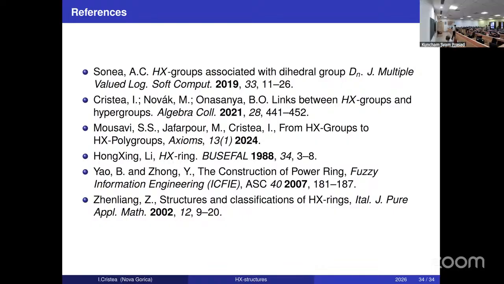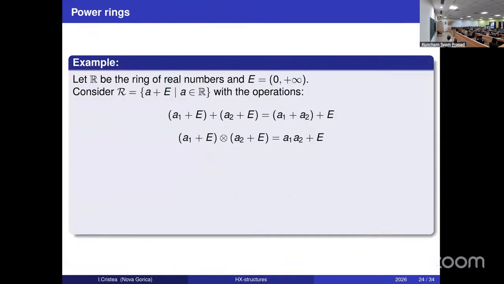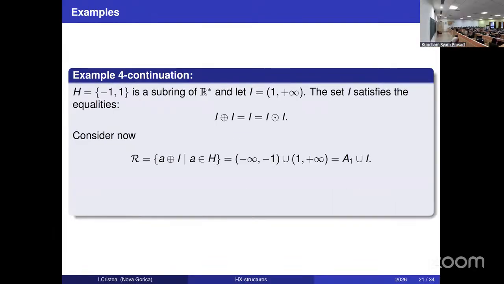I could not follow one thing: in one of your slides you have written that the set consisting of -1 and 1 is a subring of R star. R star means R minus 0, right?